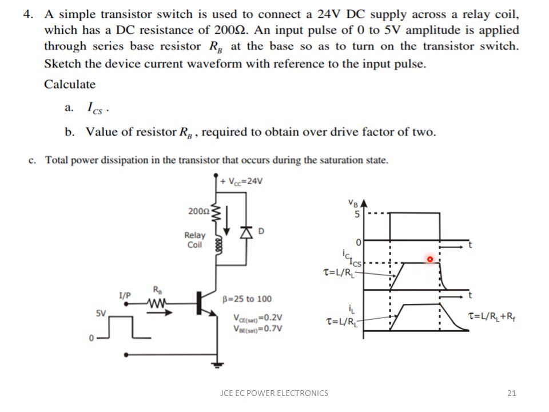And once this slope goes below, again the di by dt factor comes in. So the inductor doesn't turn off immediately, and it will take a turn off time tau equal to L by RL plus RF, where RF is the forward bias diode resistance.